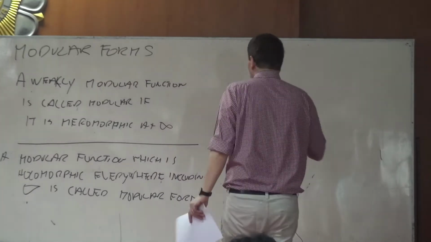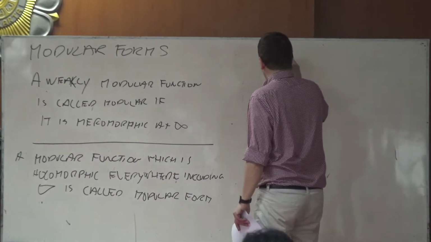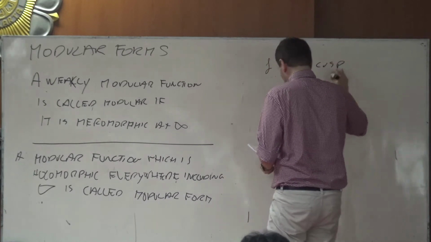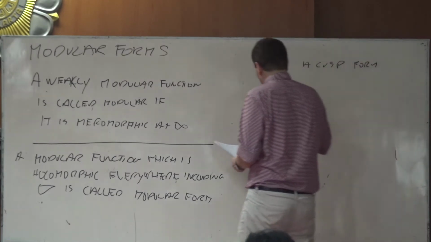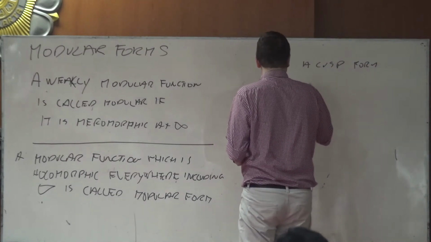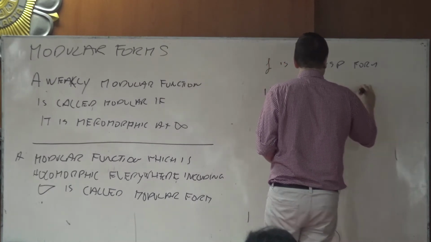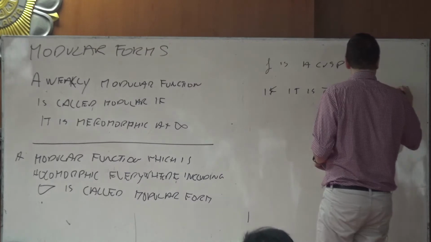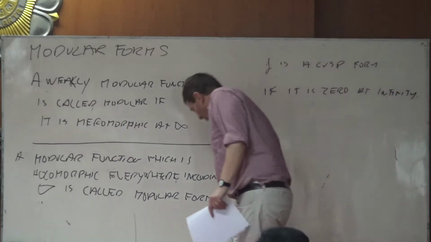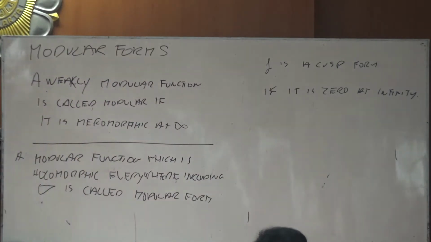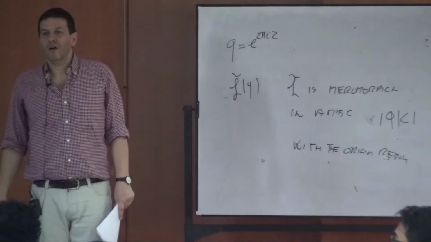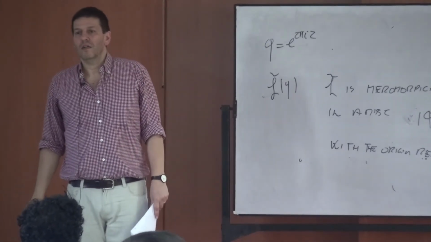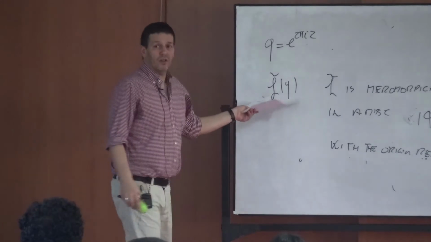Now, finally, the last definition. f is a cusp form if it is 0 at infinity.